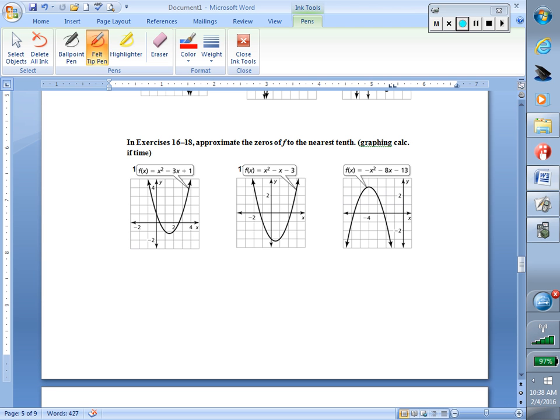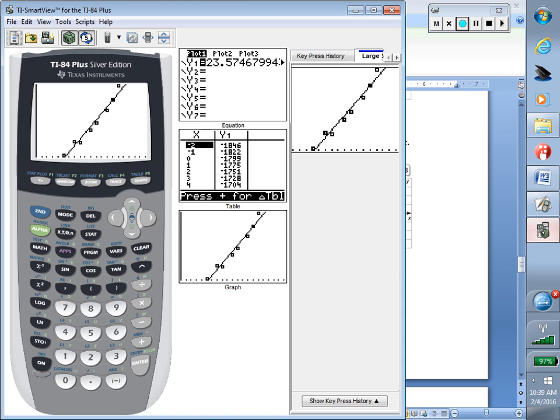Once you have the graph, sometimes those x-intercepts don't work out perfect. The ones we did last class all worked out perfect for us. But sometimes they don't. So I want to show you how to use the technology to actually get those intercepts. And yes, we will still need to round, and that's okay.